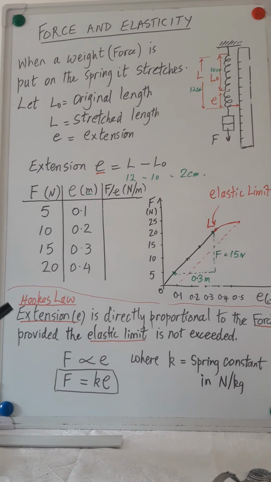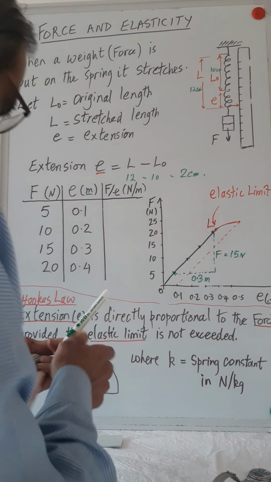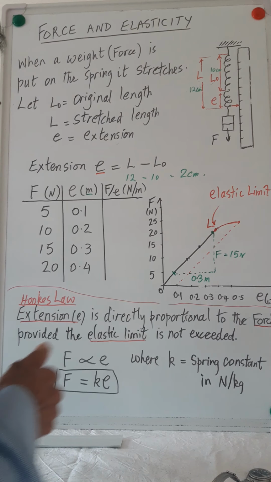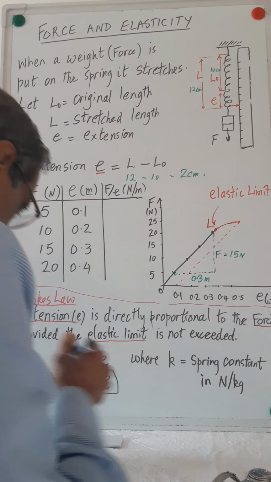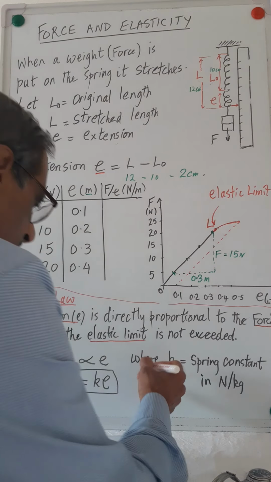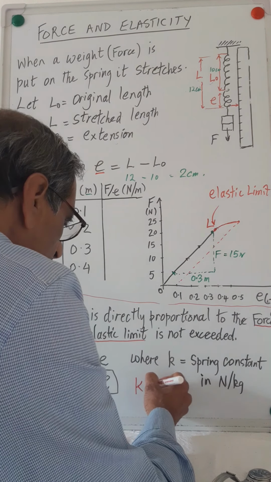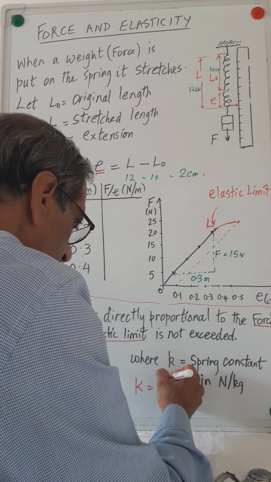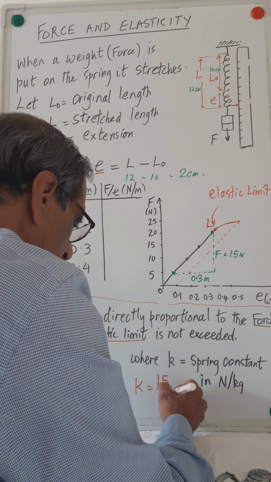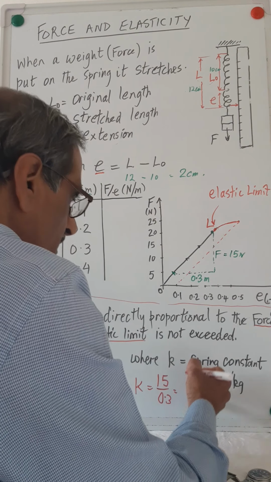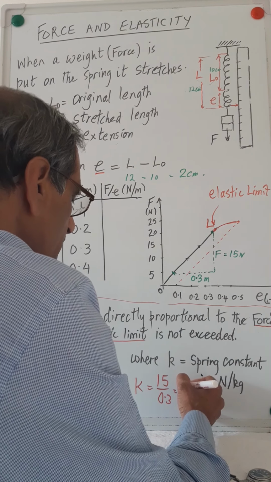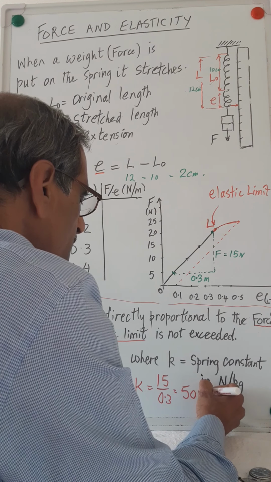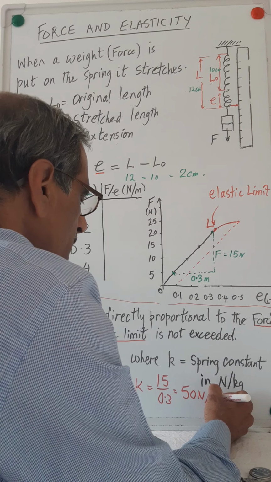So we can work out this constant, K. I'll write this in red: K equals 15 divided by 0.3, which comes to 50 newtons per meter.